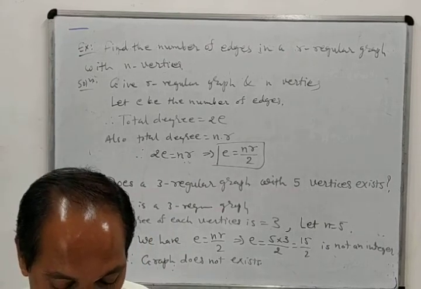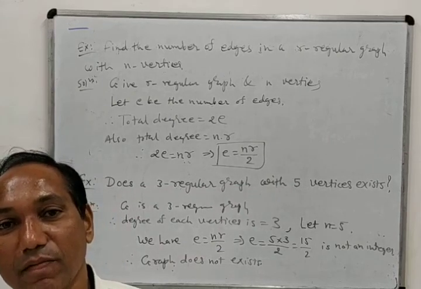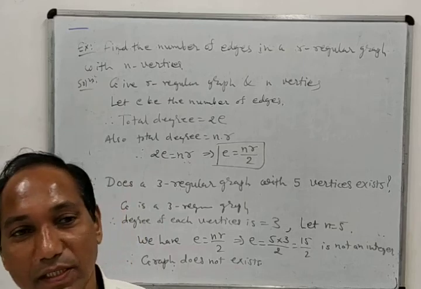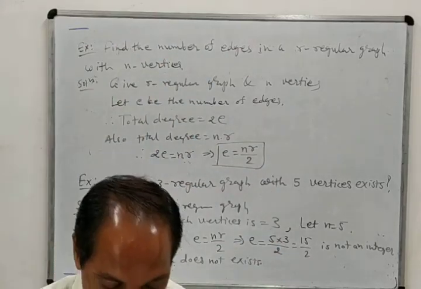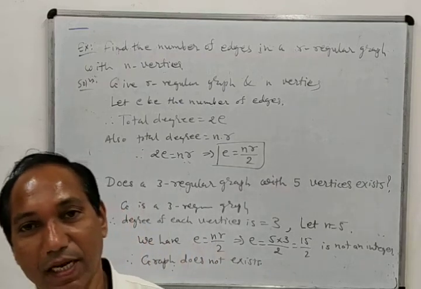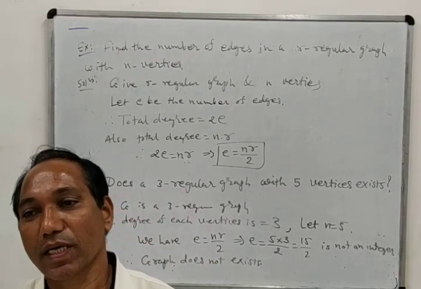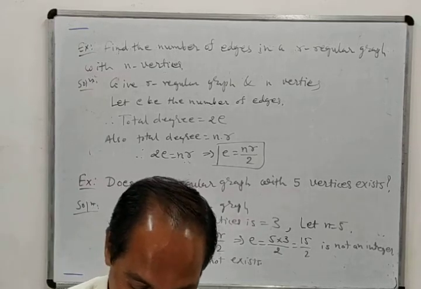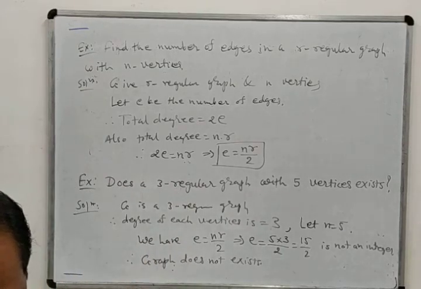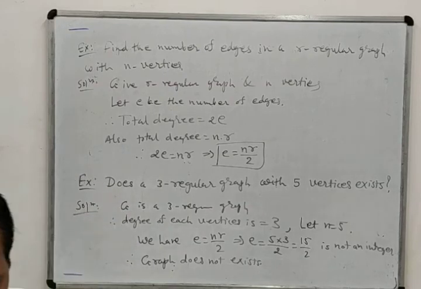But 2 regular graphs, there are different 2 regular graphs with 3 vertices, 4 vertices, 5 vertices, because it is in a cyclic form. Okay. We have also seen 3 regular graphs. I have drawn 3 regular graphs with 4 vertices and with 8 vertices. So you must remember these definitions, note them down, and also try to solve these examples.